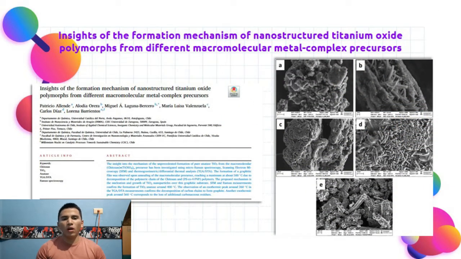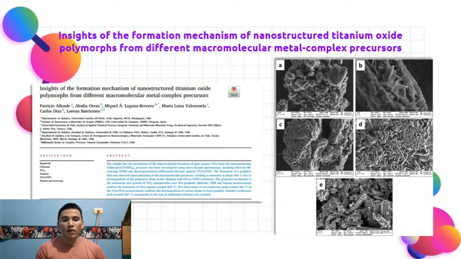Applications. We decided to look at some applications of this type of microscope based on the article on the formation mechanism of nanostructured titanium oxide polymer from different macromolecular metal complex precursors. They decided to use SEM because this type of microscope confirms the existence of nucleation of metal oxide nanoparticles in the form of bars.